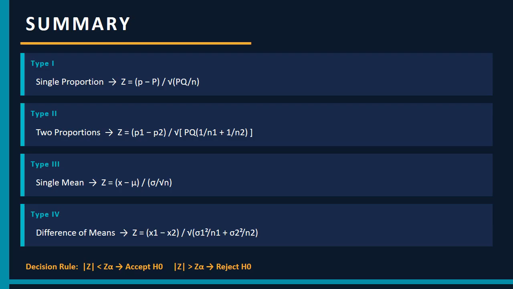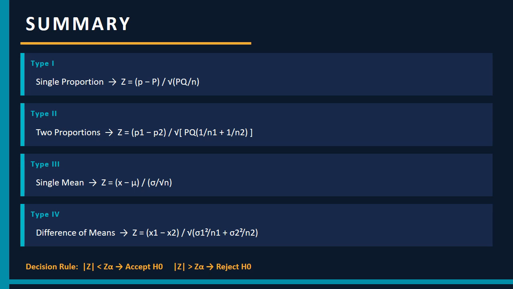So this is going to be the entire summary for both the part 1 video and this current part 2 video. Here I am just giving the summary for all 4 large sample tests covered in both the sessions. In the previous session, first we saw type 1, that is for single proportion: Z equal to small p minus capital P divided by root of PQ divided by N. We use this when comparing one sample proportion to a known population proportion.